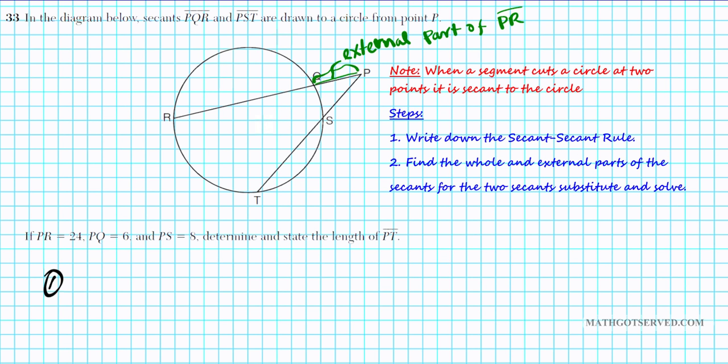And for the second one, for secant PT, this segment PS is the external part. All we need to know is the entire length and the external part, and we can set up our equation. The formula is not dependent on the internal part, at least not for this problem.